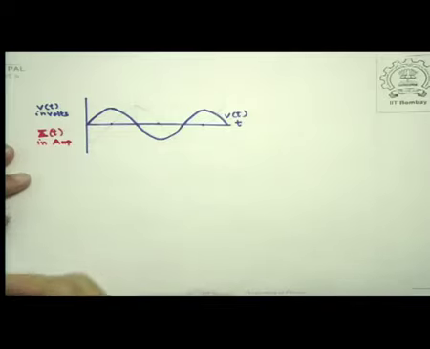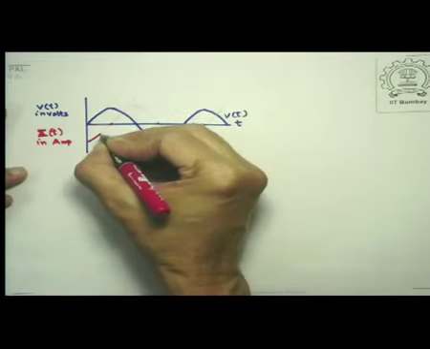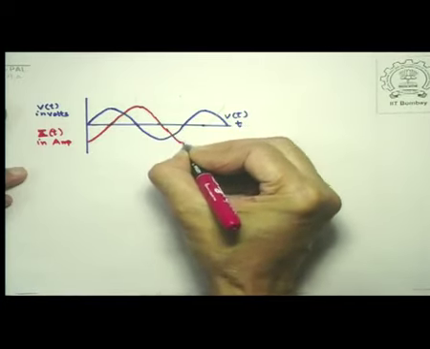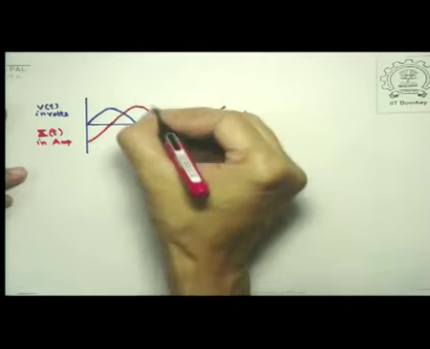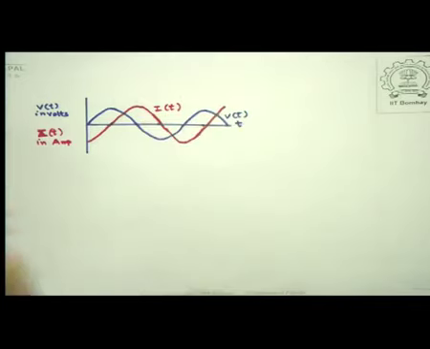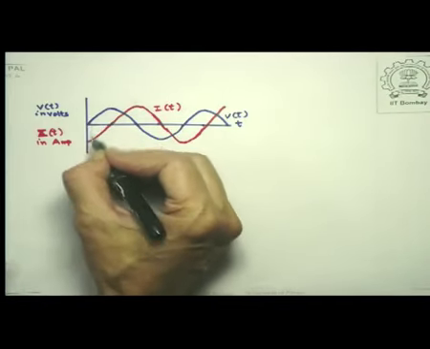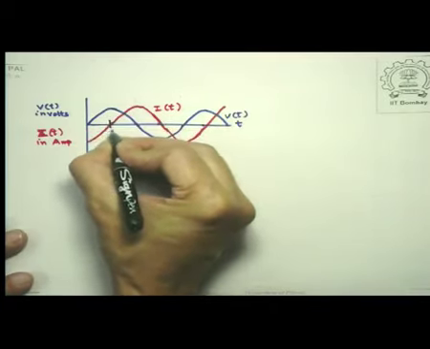Since I know that the current for an inductive circuit lags behind the voltage by a quarter of a cycle, the curve that I get for the current is something like this. Notice my scales are different, because in one case I am plotting current, in the other case voltage. So this is I of t. Now let's consider an instant of time when the voltage is 0. Since the current at that instant has a maximum, therefore this is my time T by 4.